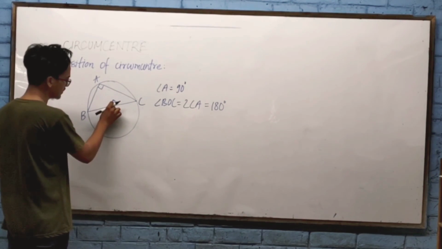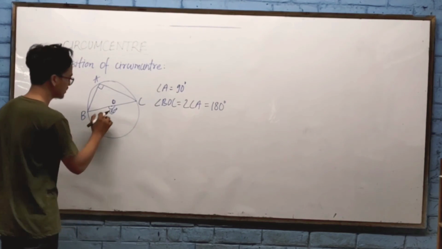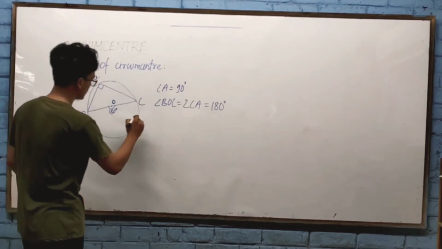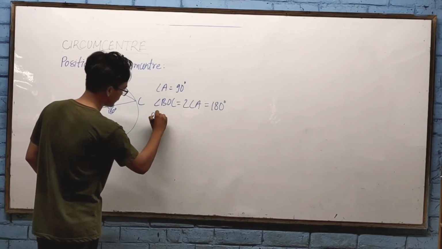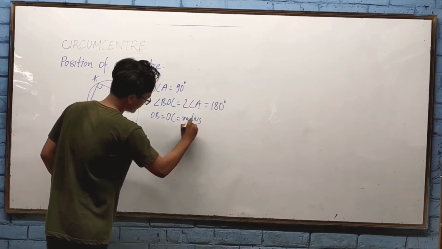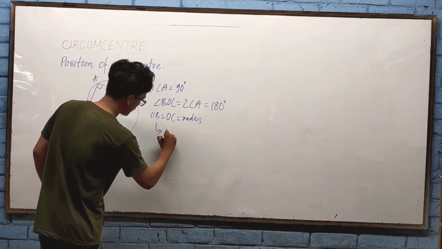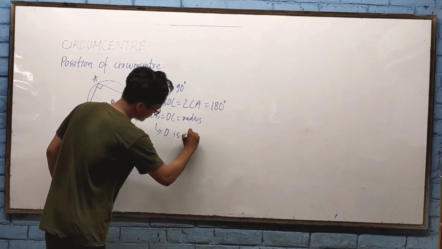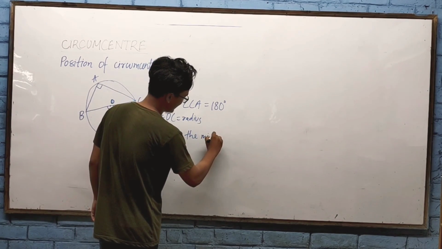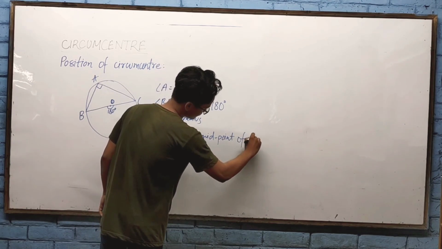This is the center, so this is the diameter, and hence O is the midpoint of BC. OB equals OC equals radius, which implies O is the midpoint of BC.